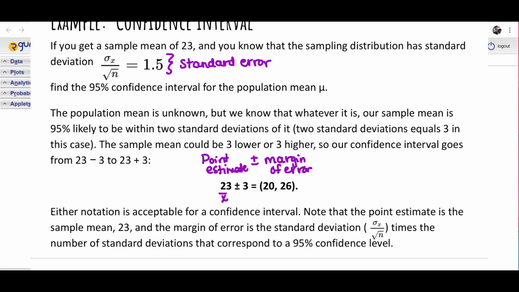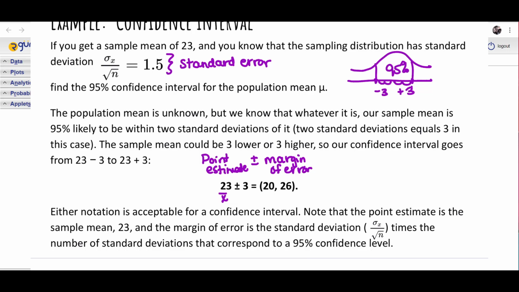If you'll recall, according to the empirical rule, 95% of the data is to go out 2 standard deviations each way. If I go out 1, I'm adding 1.5. If I go out 2, I'm adding 1.5 again. So I'm going up 1.5 twice, which is 3, and 1.5 twice going down, which is also 3.